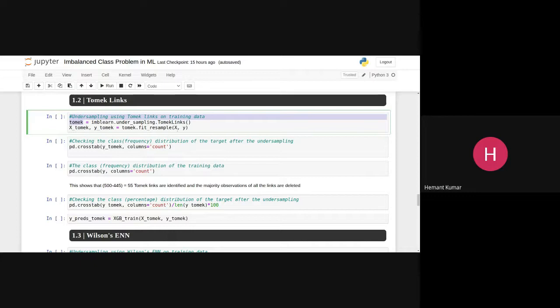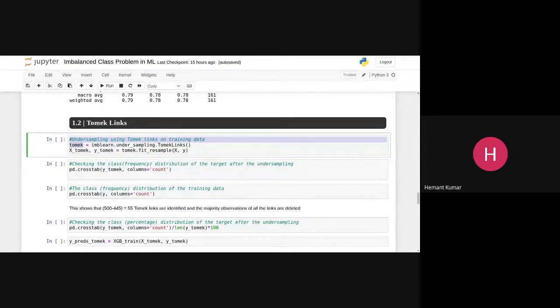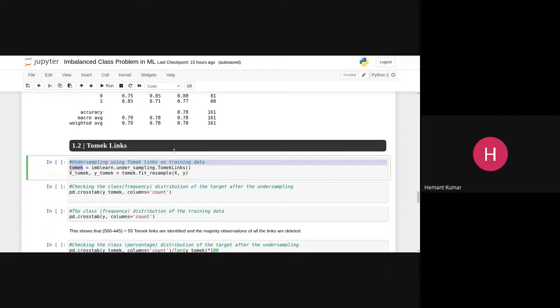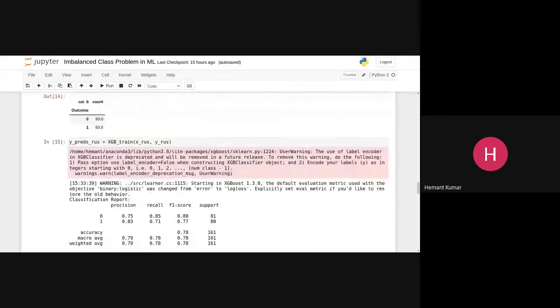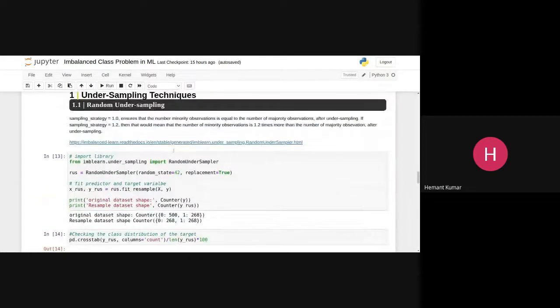Every time, we have to apply this after the train and test splitting, not using just the data X and y.